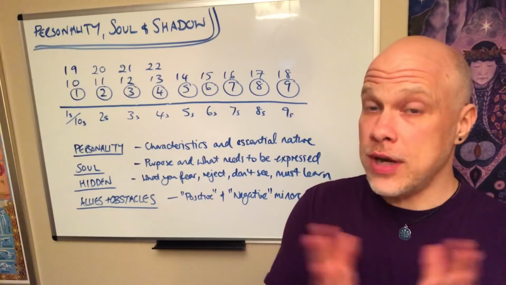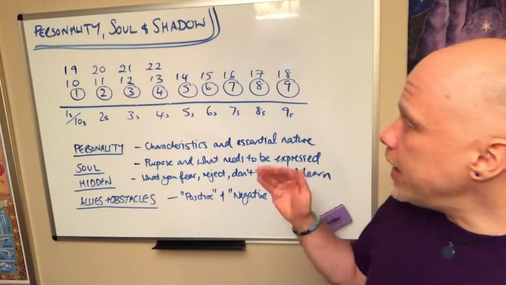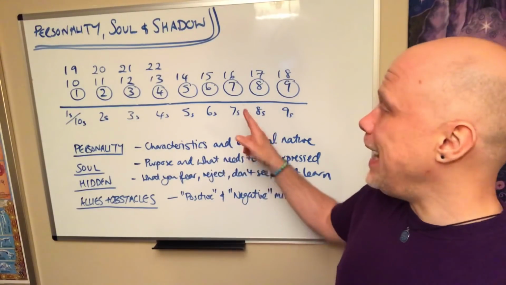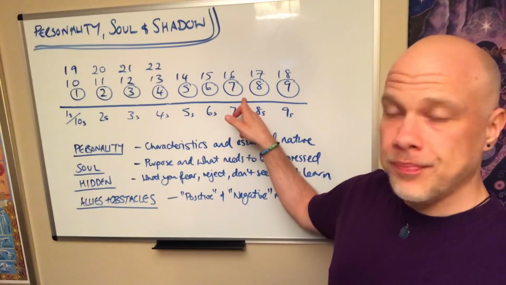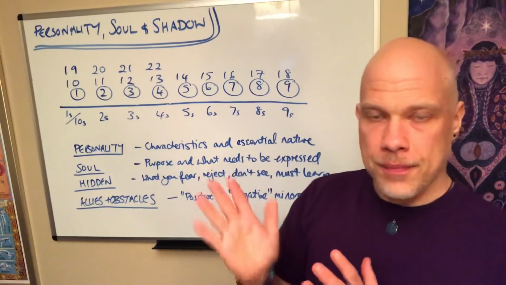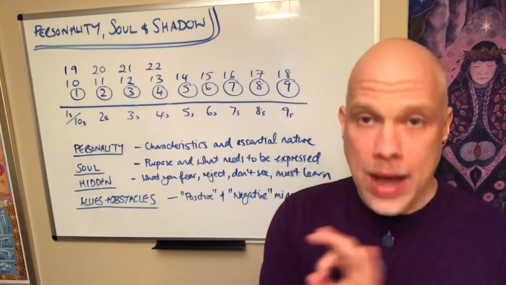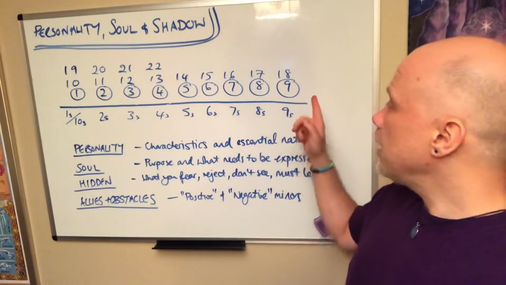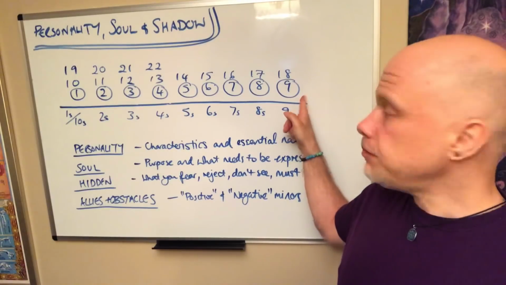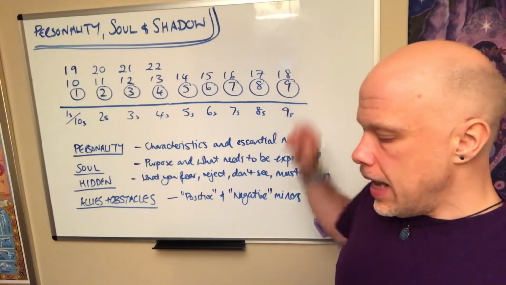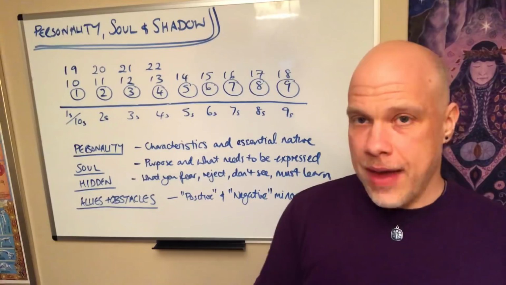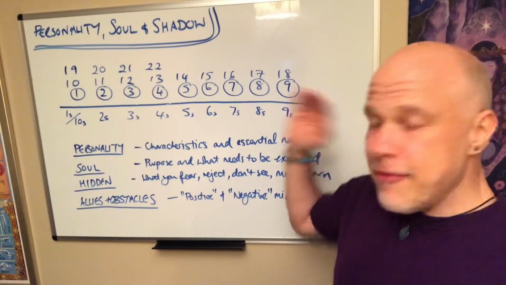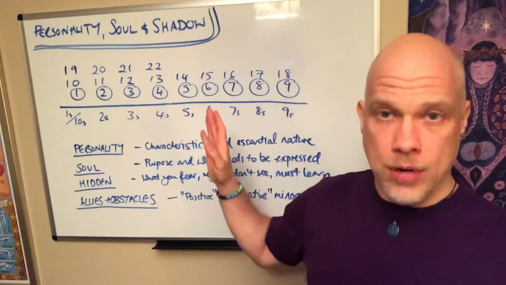And just to give you an example of how that works, if I don't use my birth time in my calculation, as I say, I come out as a 7, which is the Chariot and the Tower. If I do add in my birth time, the hours and the minutes, I come out as a 9, the Hermit and the Moon. Now, what's interesting about that for me is that I definitely resonate with the Chariot and the Tower.